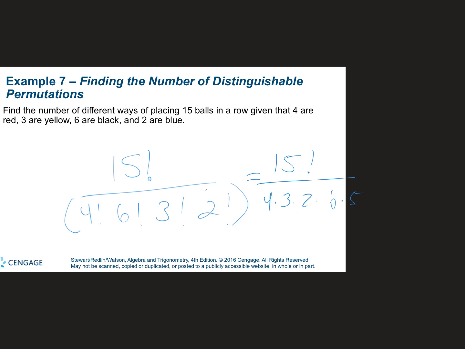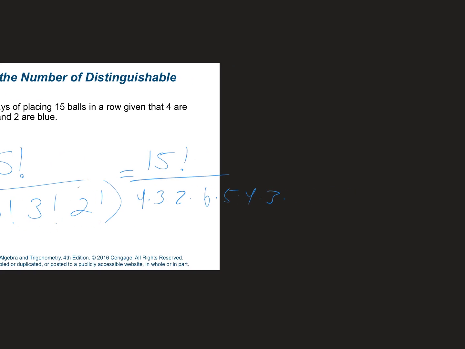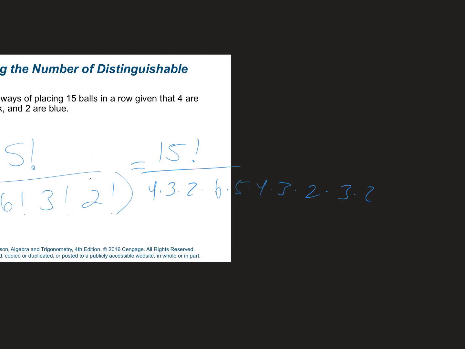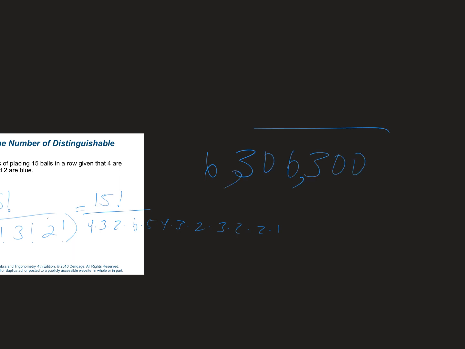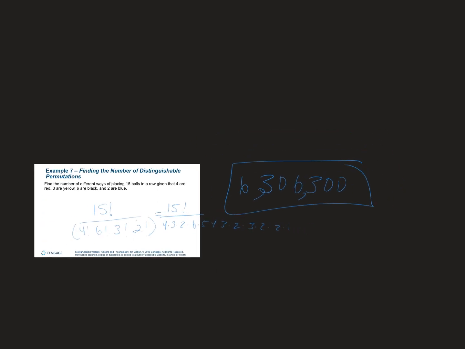Times 6 times 5 times 4 times 3 times 2 times 3 times 2 times 2 times 1. Did it give you the answer? All right, what'd you get? 6,306,300. If you input it correctly, you should get the answer in your calculator. Good job.